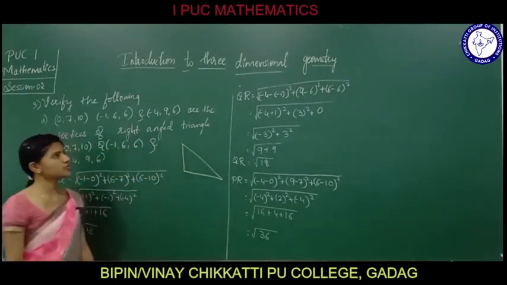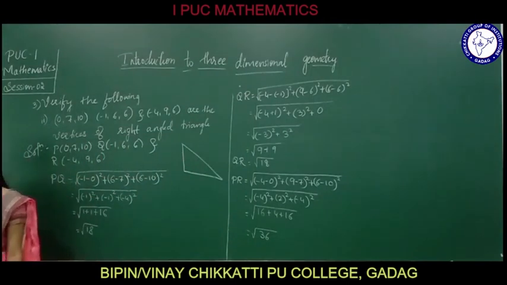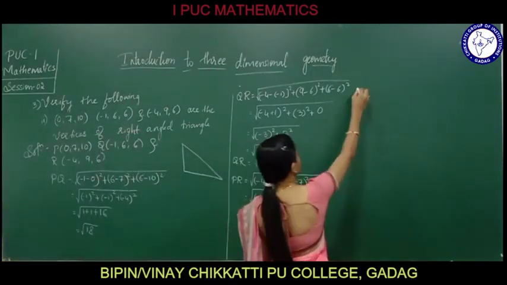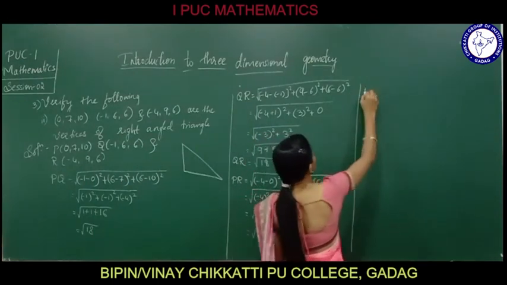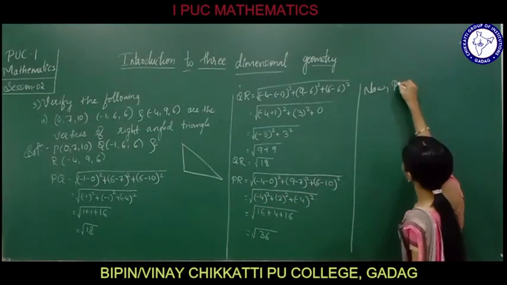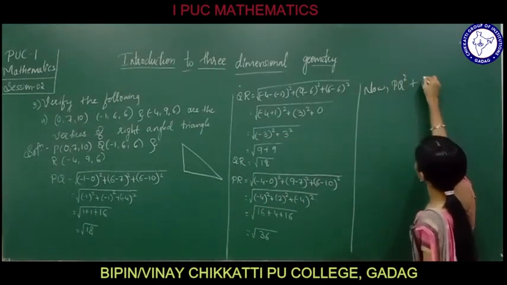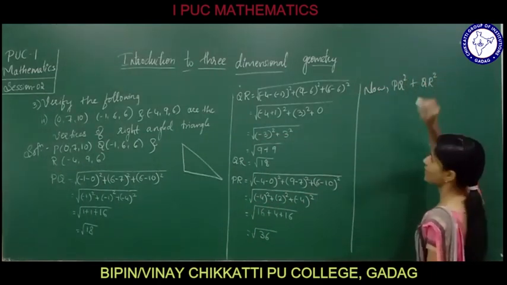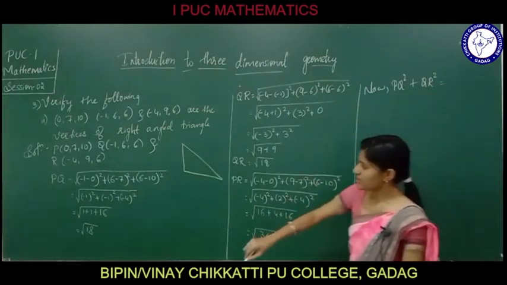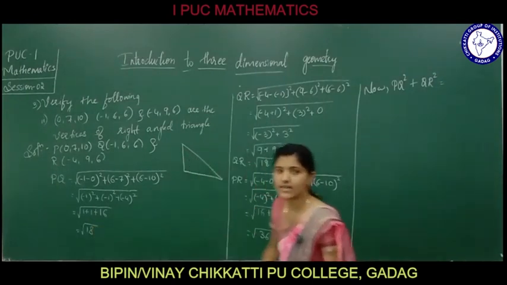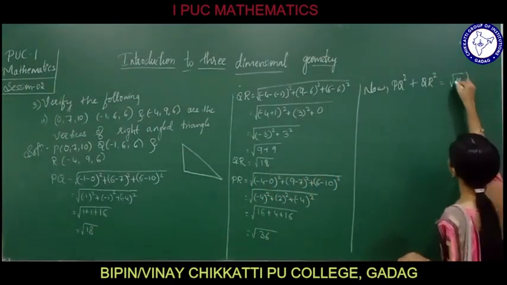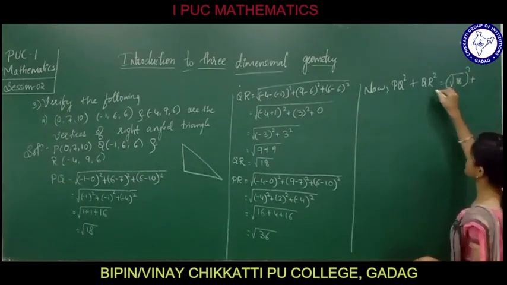We need to prove that these vertices are the vertices of a right angled triangle. So now just consider PQ square plus QR square. PQ I got as root 18, so I write root 18 square plus QR square.